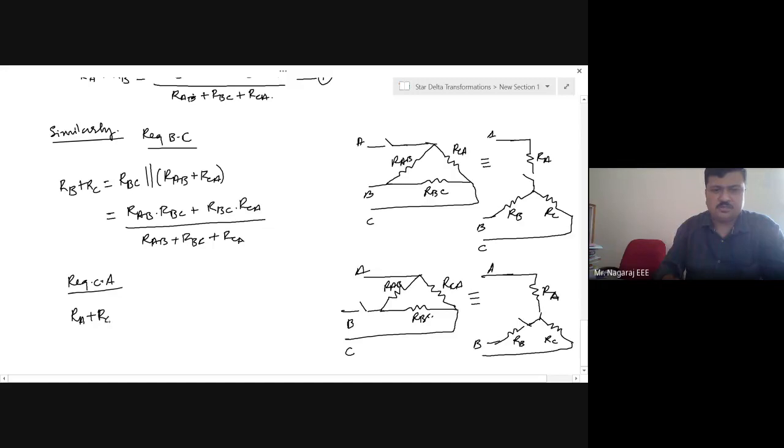RA plus RC is equals to the equivalent between A and C by keeping B open.